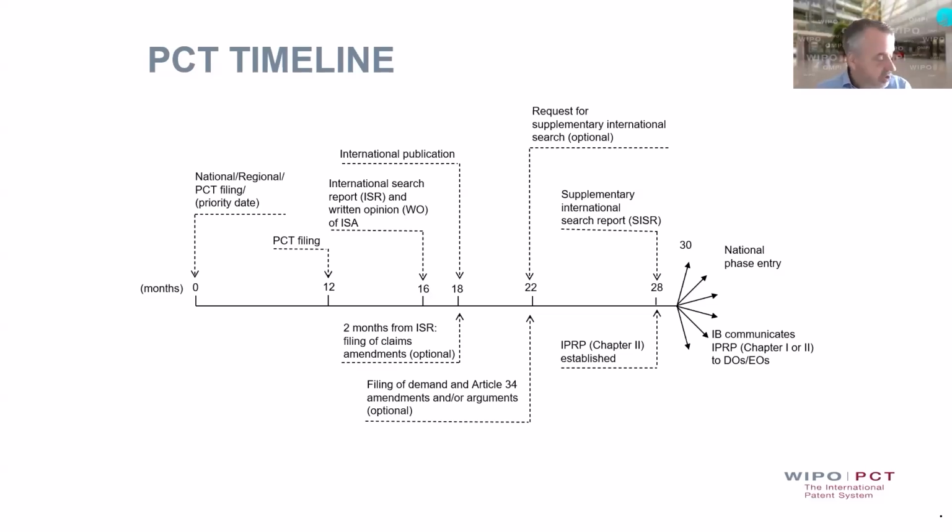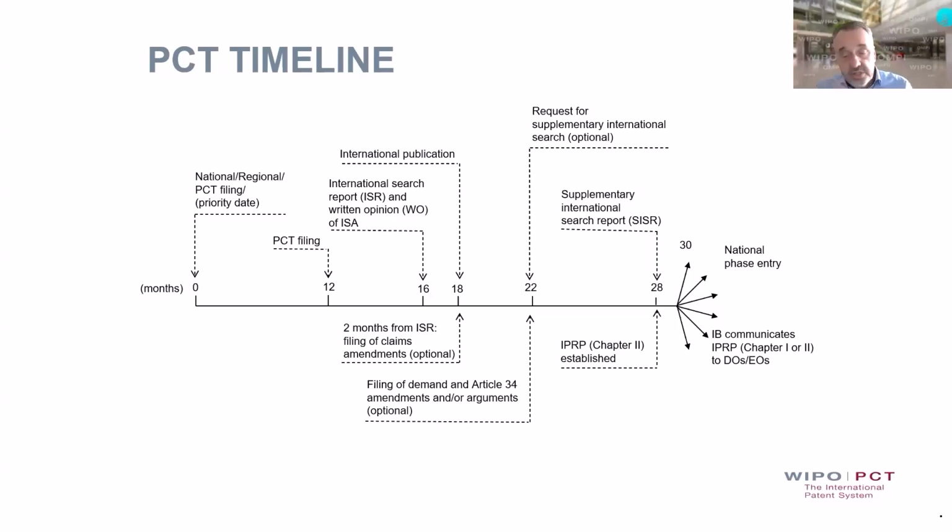The receiving office will also send a copy of the application, the search copy, incidentally, to the searching authority so that they can start with the international search and eventually produce a search report and a written opinion, which is a non-binding opinion on whether your invention is novel, inventive, and industrially applicable.